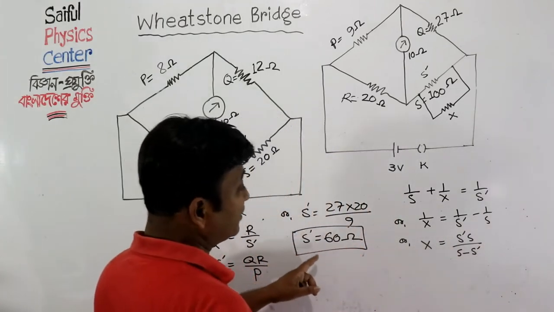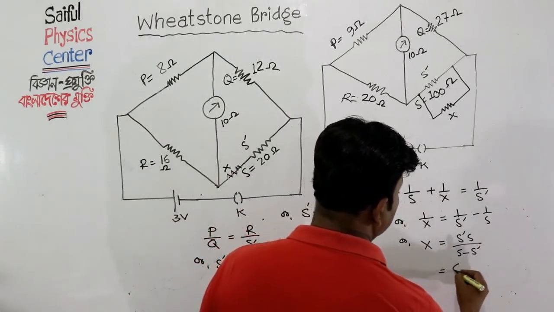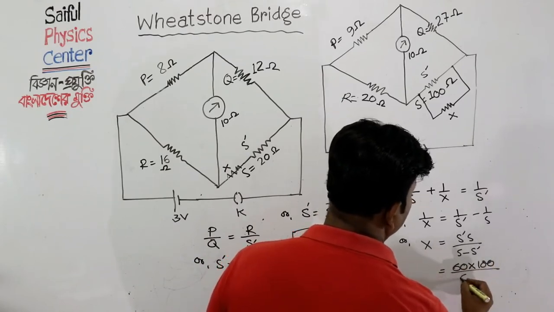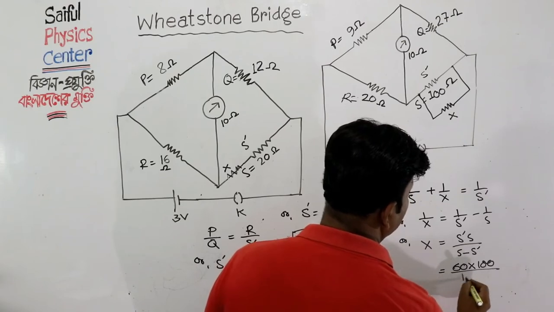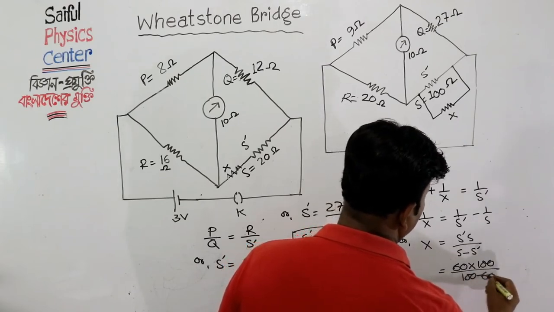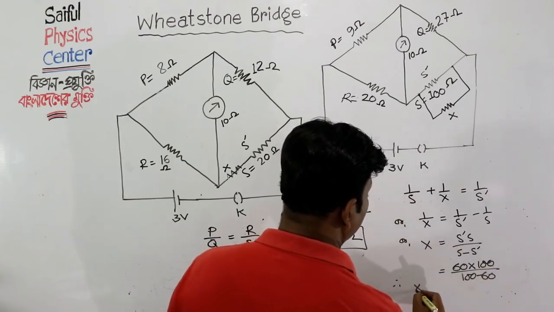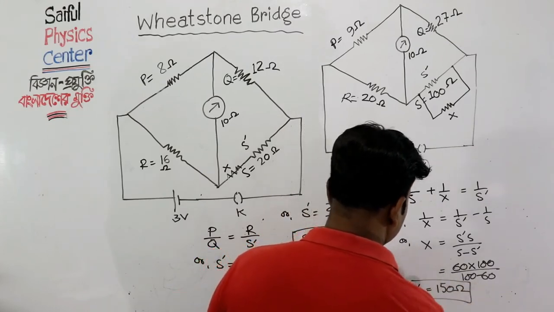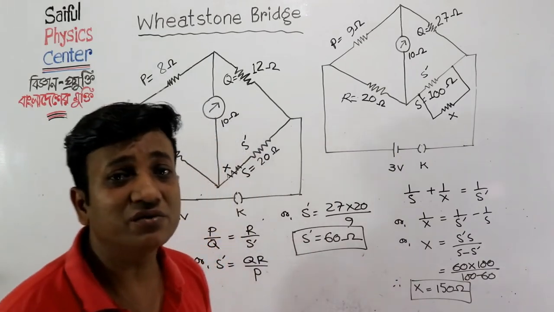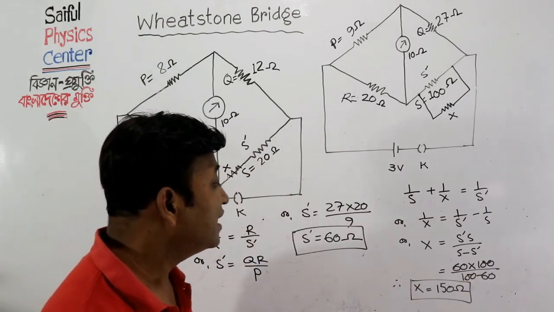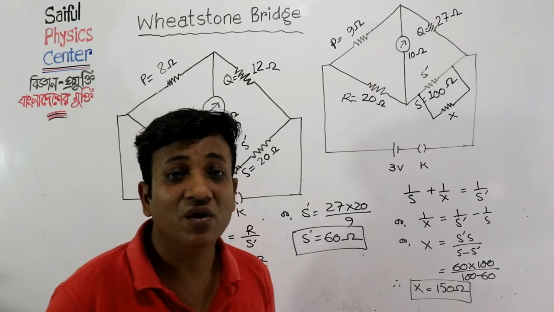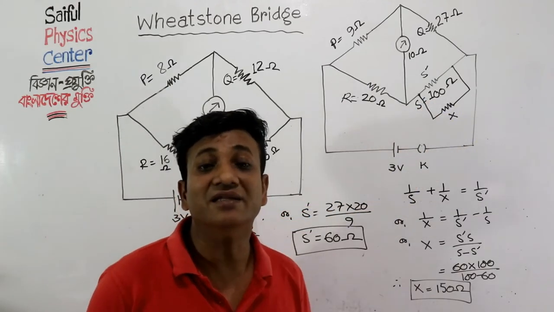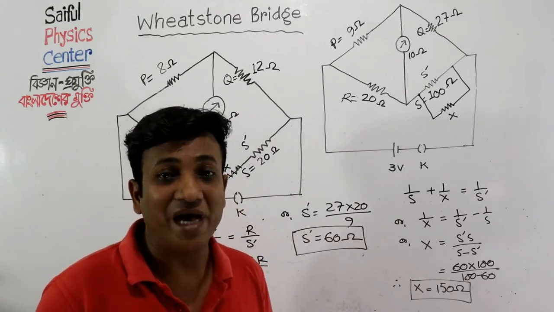Now putting the values here, S prime is 60, S is 100, divided by 100 minus 60. So the value of X is 150 ohms. So from this calculation we can say that if we add 150 ohms in parallel with the 100 ohms, then the bridge will be in balance.